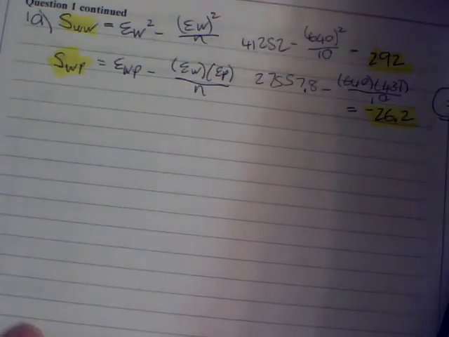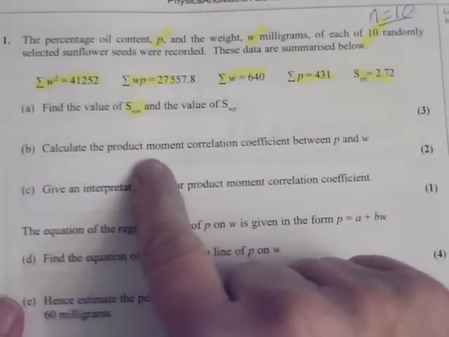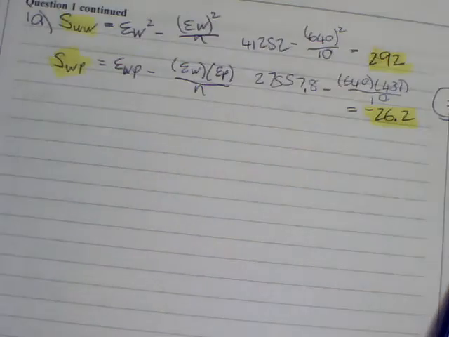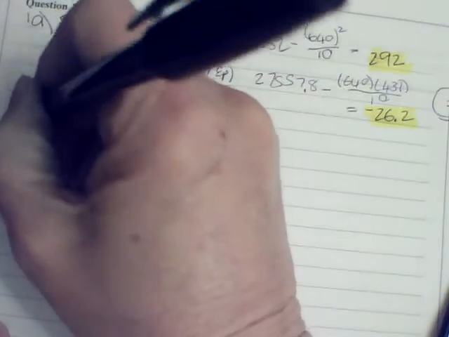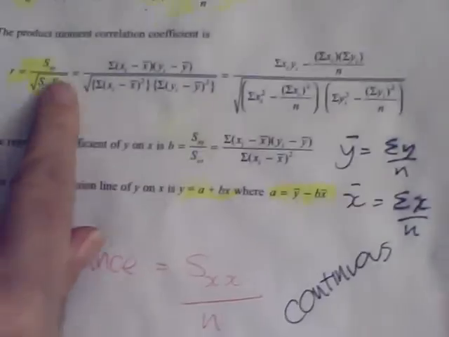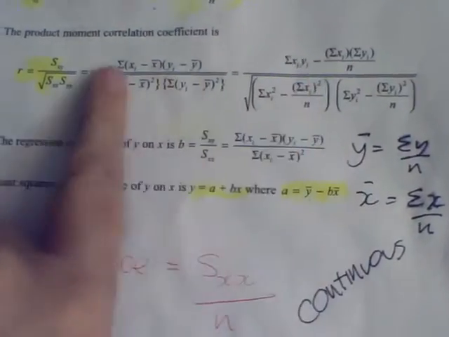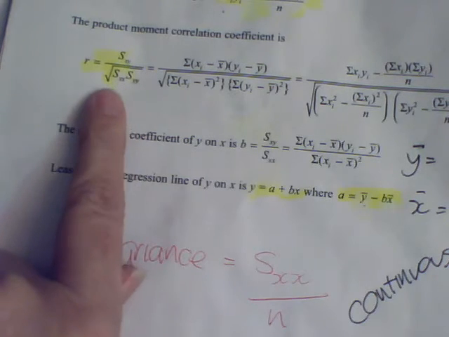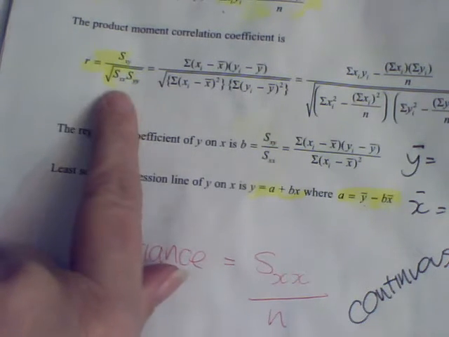Okay. So for part B, calculate the product moment correlation coefficient between P and W. That's easy. So hang on, let's write down B. Okay, formula sheet. Product moment correlation is from our formula sheet. We can use all of this if you prefer, but I prefer the nice simple one, which is S of xy divided by the square root of S of xx times S of yy.